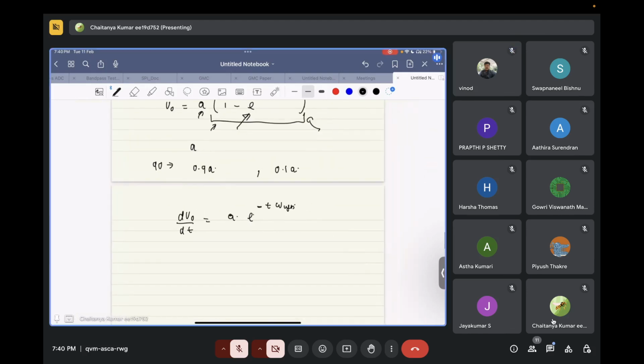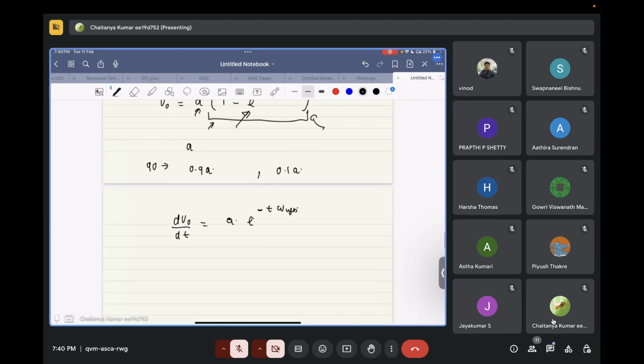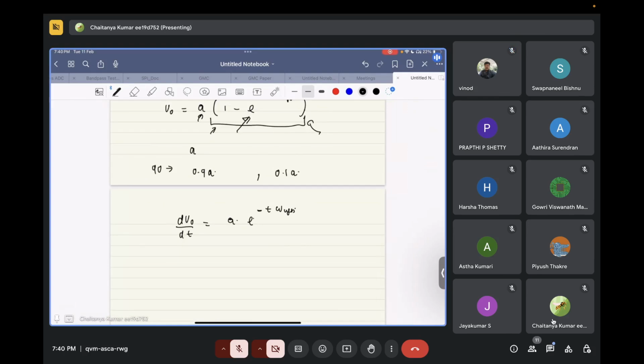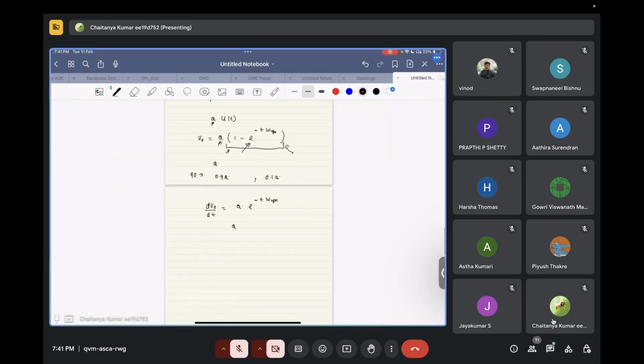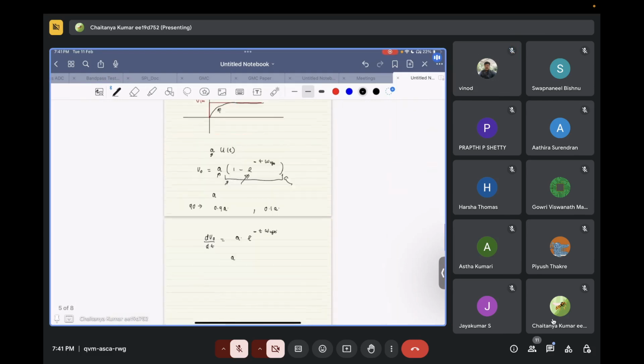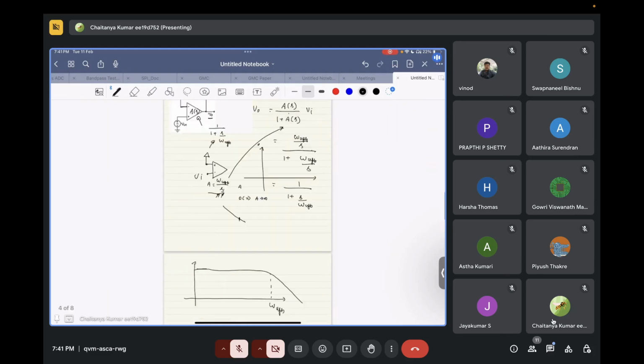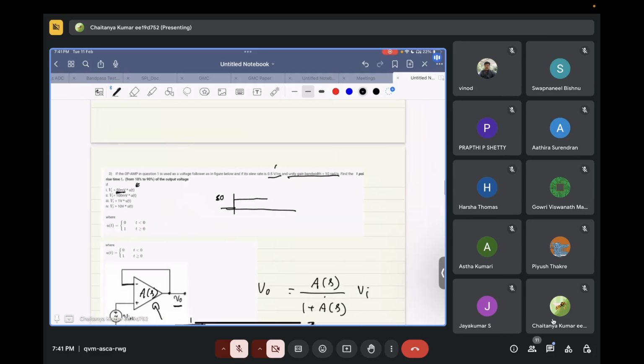Okay, now what will happen is initially the rate of change will be A, and as time passes, the rate of change will keep on reducing. Is this clear? Yes, sir. So if this rate of change is greater than whatever slew rate is given to you, and the slew rate is given as 0.5 volt per nanosecond.